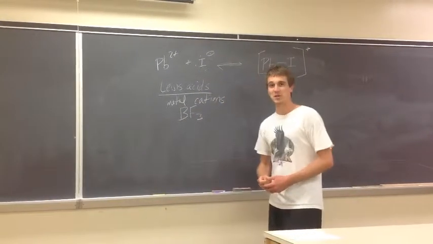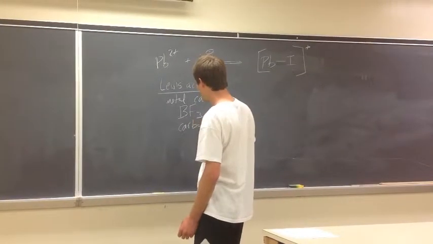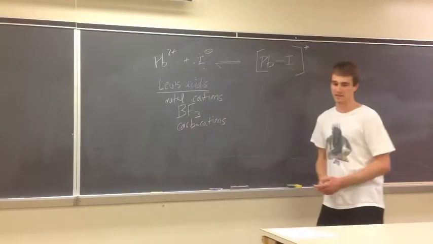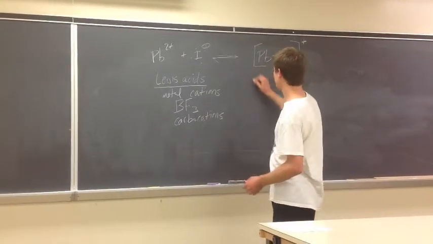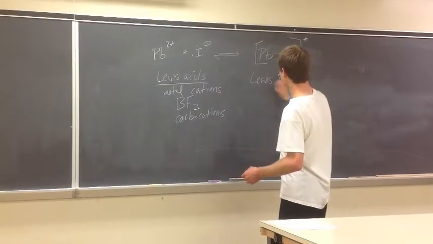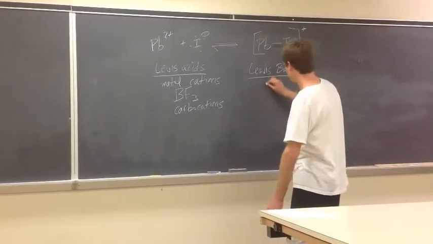Another example is going to be your carbocations. Lewis bases, on the other hand, are going to be molecules that have electron pairs that donate. A good example is ammonia.